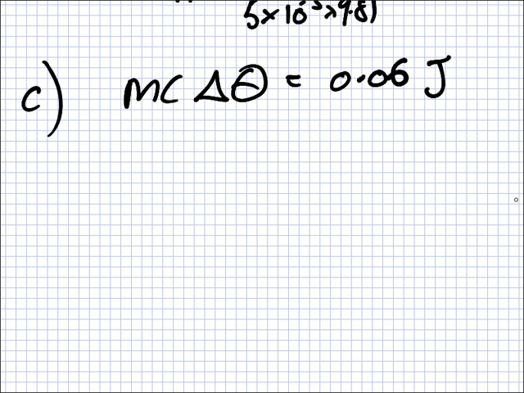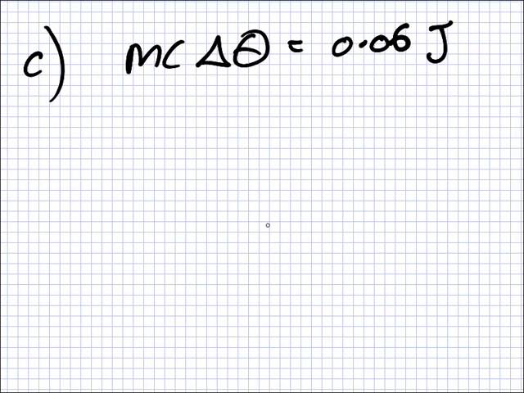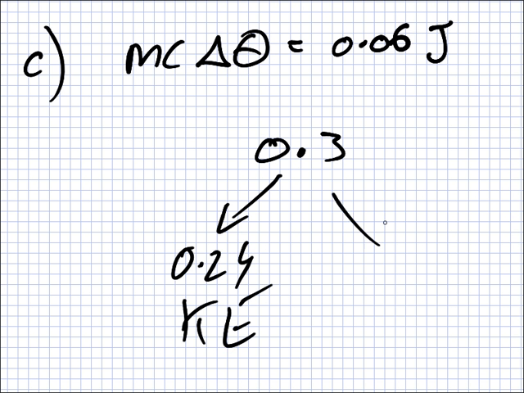Is that okay, or are you confused? So 0.24 multiplied by 20%? No. Remember that 0.24 is 80%. What happened is that 0.3 became 0.24 kinetic energy and 0.06 heat.